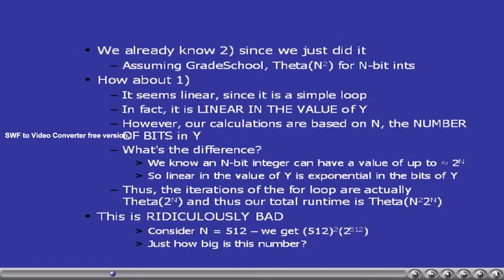Thus, the complexity of this algorithm can be said as 2 power n into n square. If we assume that n, the number of bits, is 512, then the complexity becomes 512 whole square into 2 to the power of 512, which is ridiculously very high.